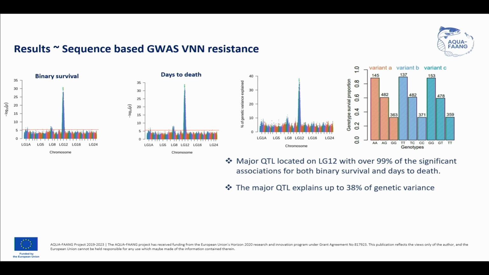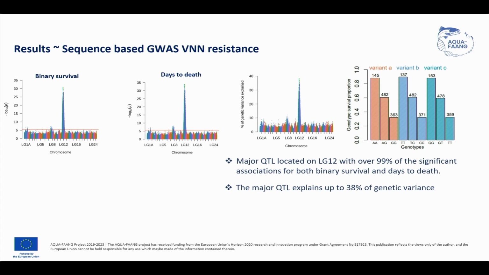We got that major QTL. Indeed, when we looked at the variance explained by the variants that we identified as the most significant, they explain up to almost 40% of genetic variance.